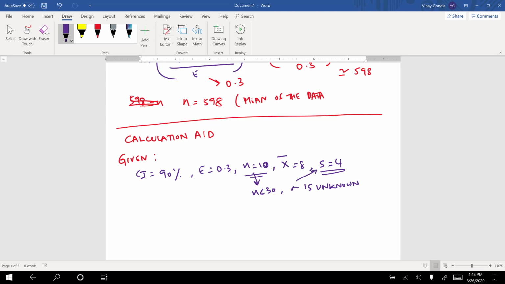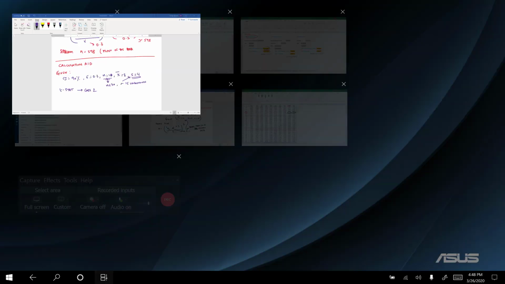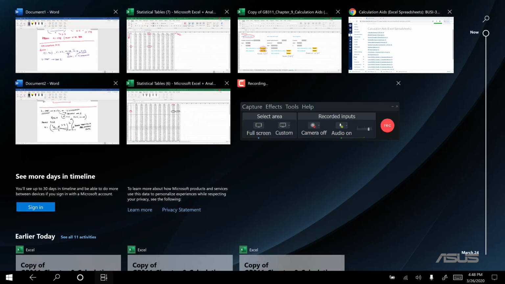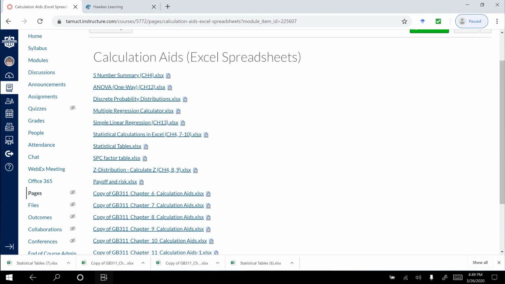So we will be using the t-stat. This is case 2. We will use case 2 in our calculation aid. So I will go to our calculation aid. I will try to download a new one.